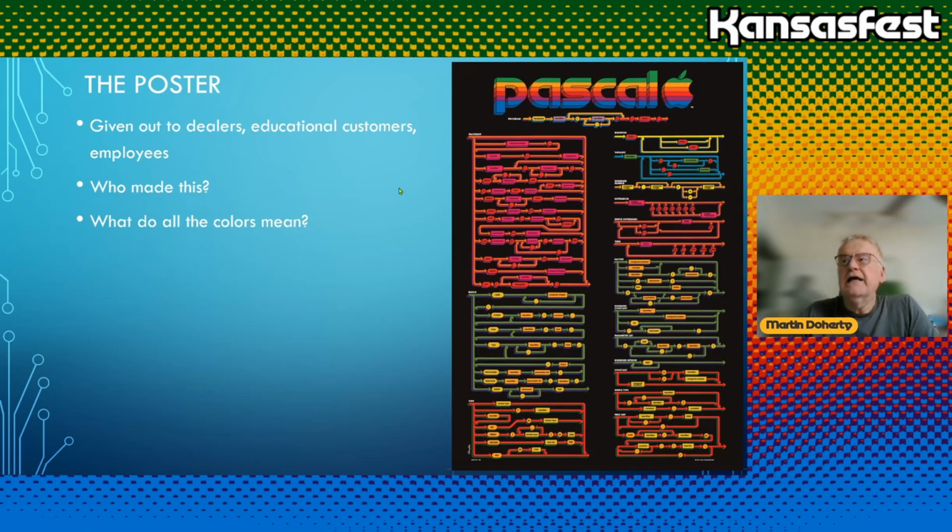So who made this? It was really Jeff Raskin's brainchild and baby, and he poured a lot of effort into making it aesthetically attractive, and the color scheme was meaningful. He had a color legend that meant things. Now, that's not what we're looking at today.